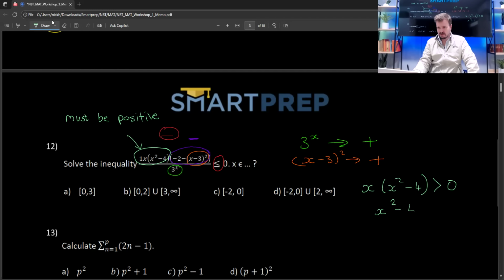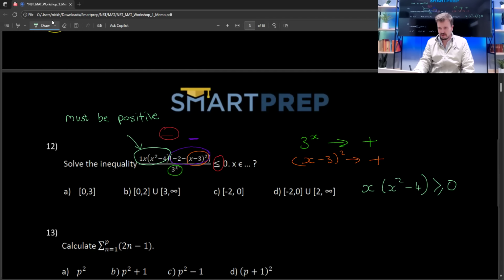This is going to give us our critical values. So what we do now is find our critical values. In other words, we want to find out when it's going to be positive, and it can also be 0.